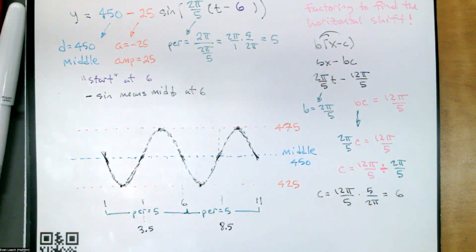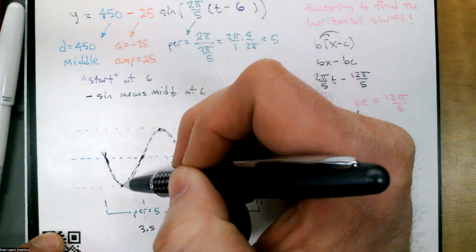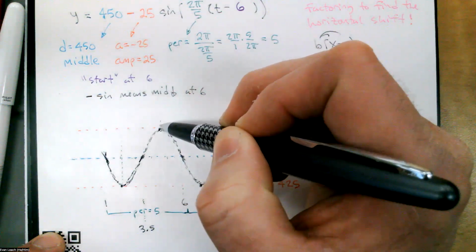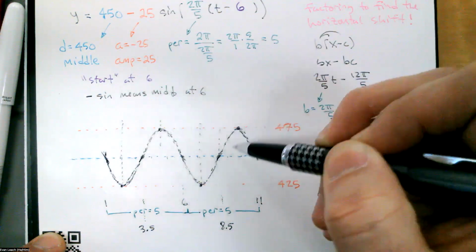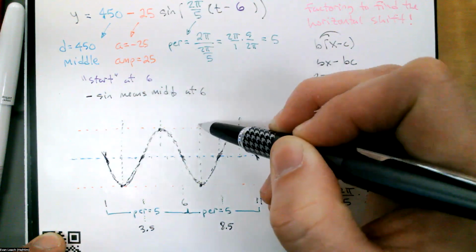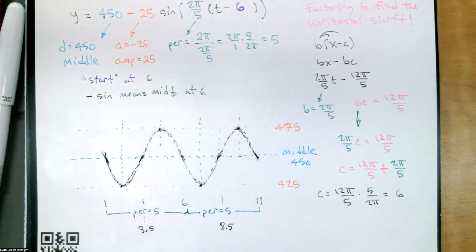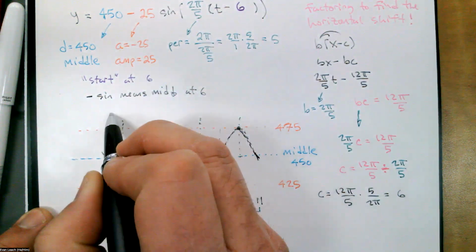If we want to figure out where the top and bottom points are, these are going to be 1/4 in between. So if the 1 period is 5, 1/4 of the period is 1.25. So we start off at 1 plus 1.25 is 2.25.